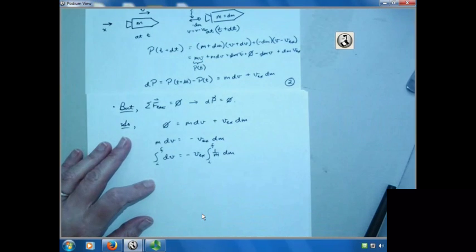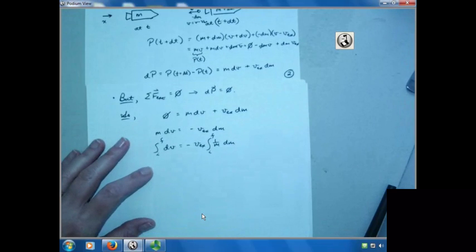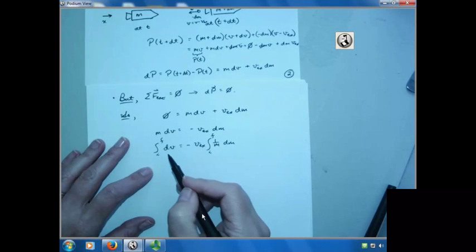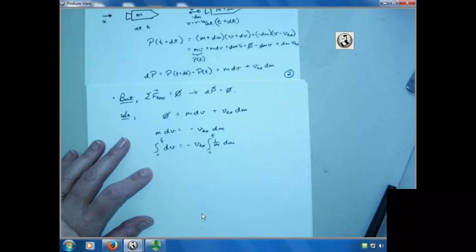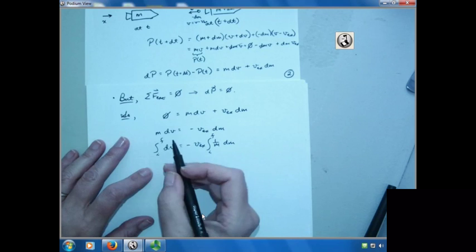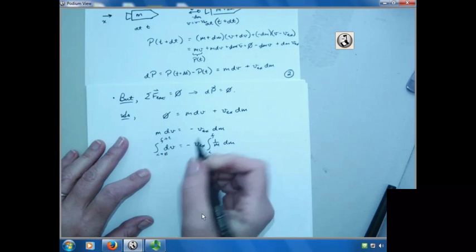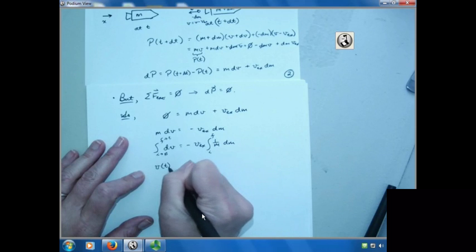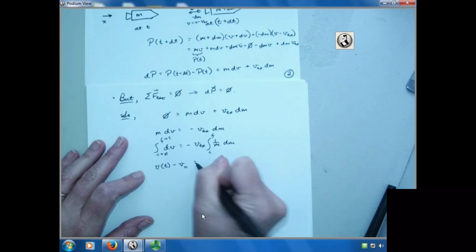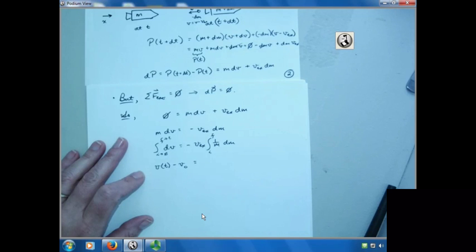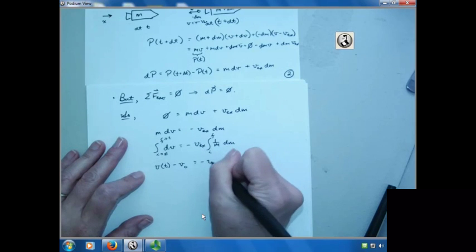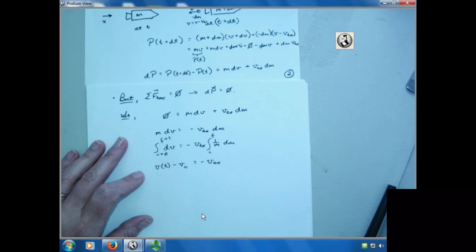Okay. On the left-hand side, I get v, which I have to evaluate from the initial to the final value. And I'll let the final value occur at time t, and I'll let the initial value occur at time 0. So that's going to give me v as a function of time minus v naught. And then I've got minus the speed at which the exhaust is ejected times the integral of 1 over m dm. What's the integral?